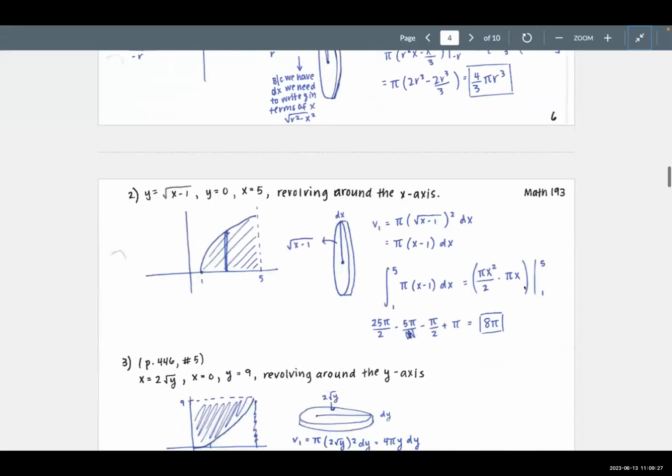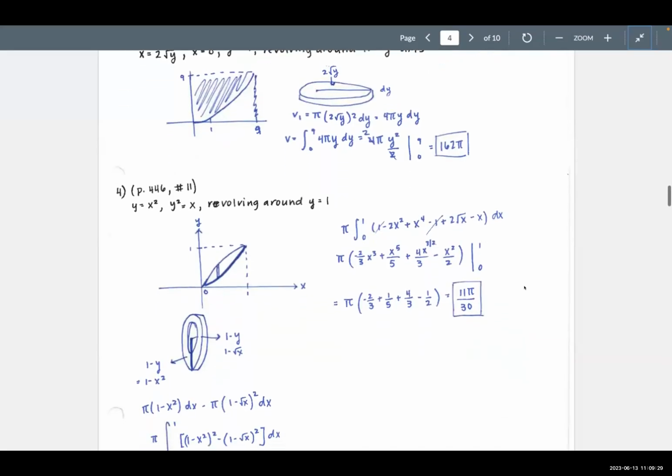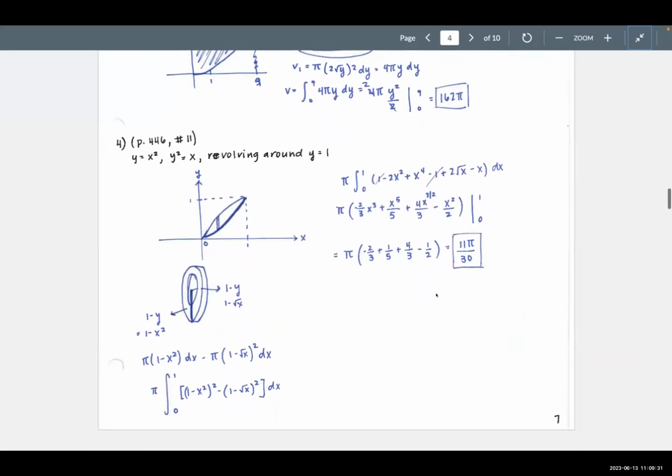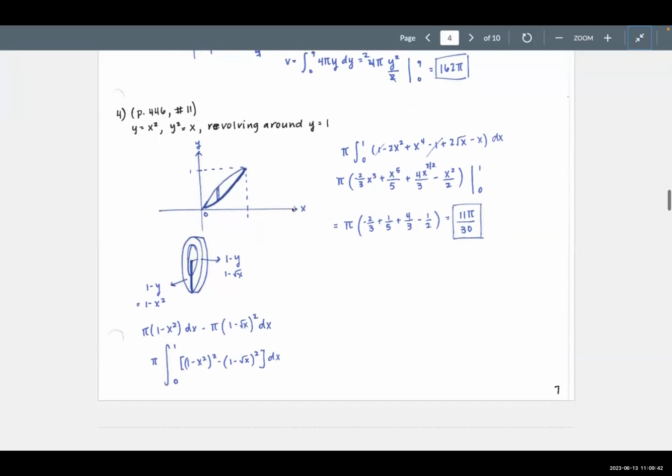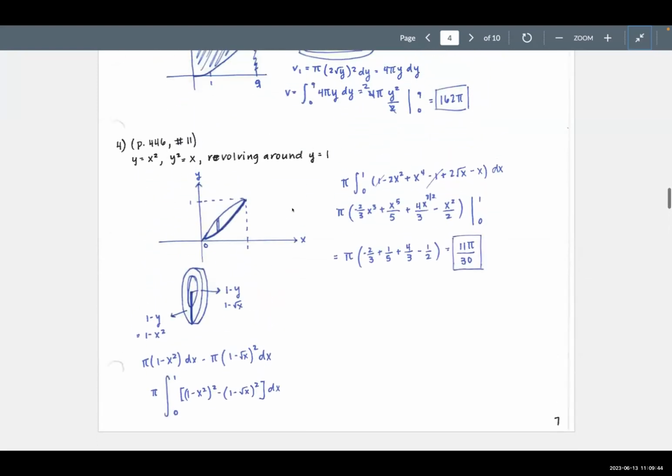In 6.2, we did all of them except the last one. So I want you to do that. And it's revolving around y equal to 1. See how that plays. Tomorrow, when you come to class, we start with the worksheet. So 3 problems to be added to all the notes and problems we did together today.